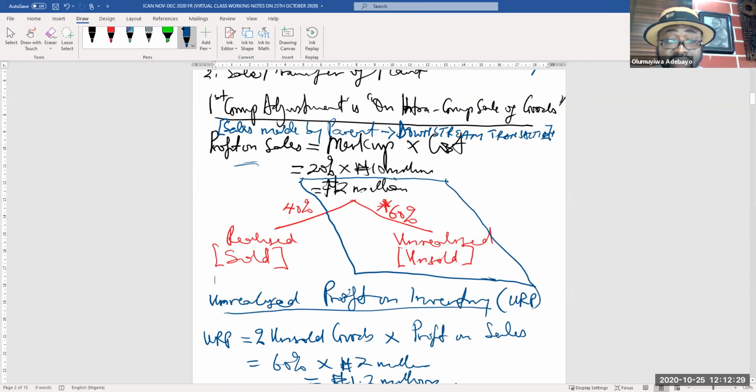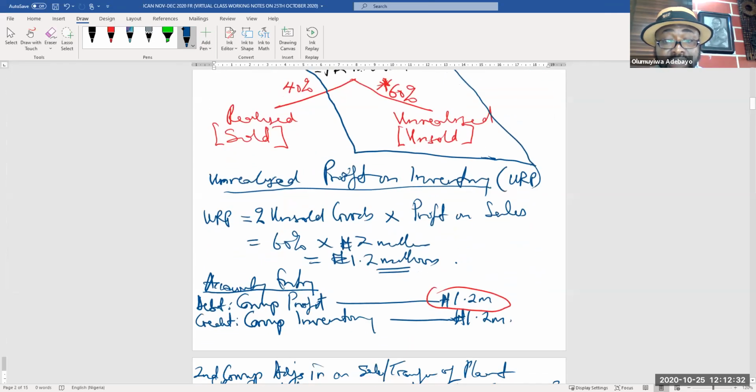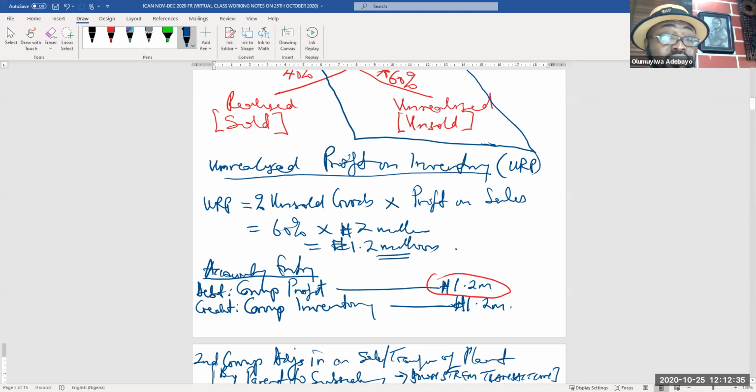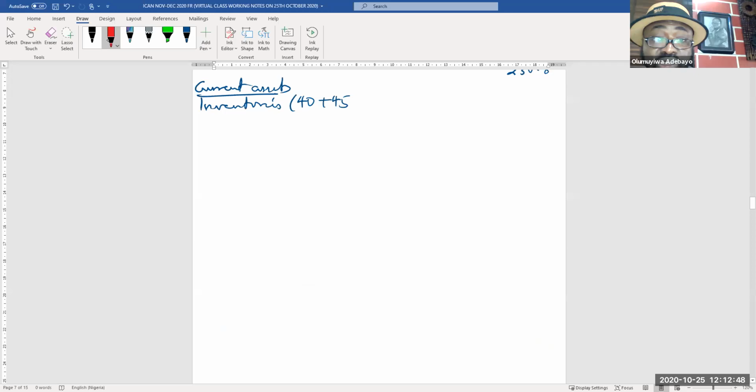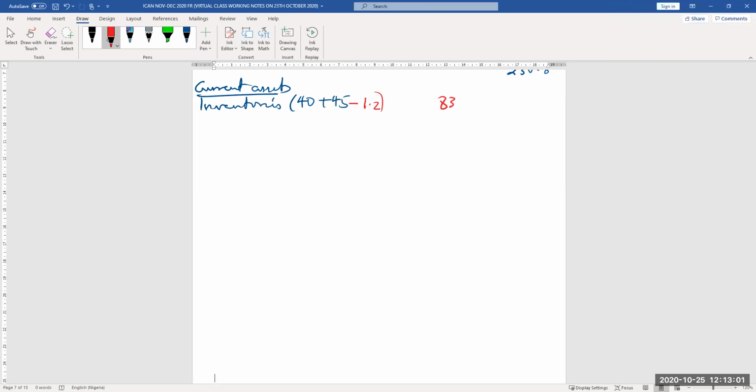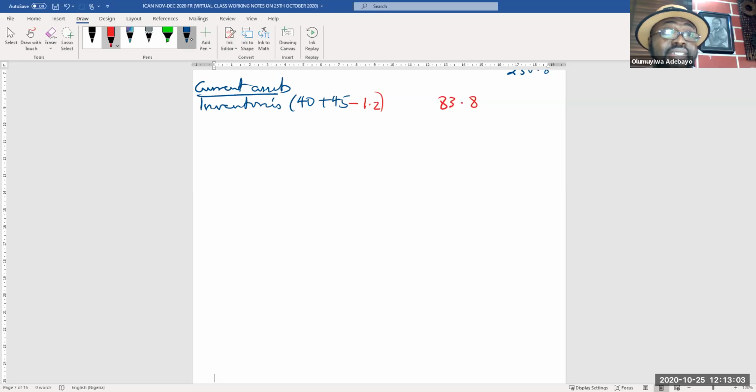Remember, that adjustment is unrealized profits. I should reduce my inventory value because it's overstated by 1.2. I come here and say minus 1.2. What does that give me? 45 plus 40 minus 1.2, that is 83.8.